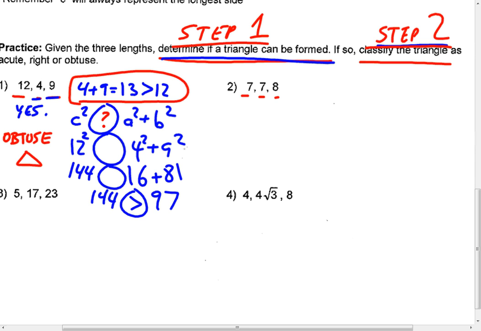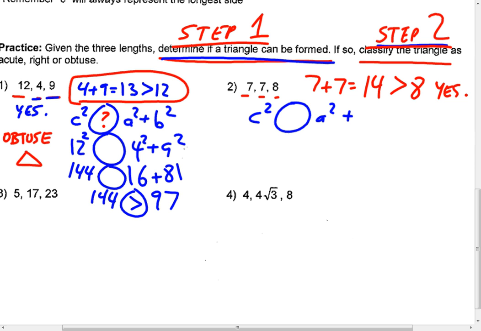Is 7, 7, 8 a triangle? Yes. That's greater than 8. We can write yes. Now I can move on to writing my formula. Substituting in the larger one over here.